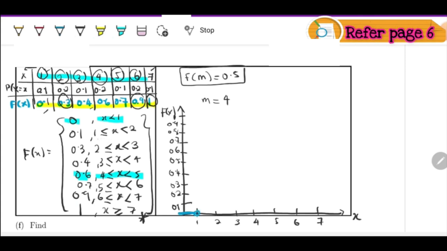When x is from 1 to 2, F(x) is 0.1. So a filled circle for 1 and an empty circle for 2.